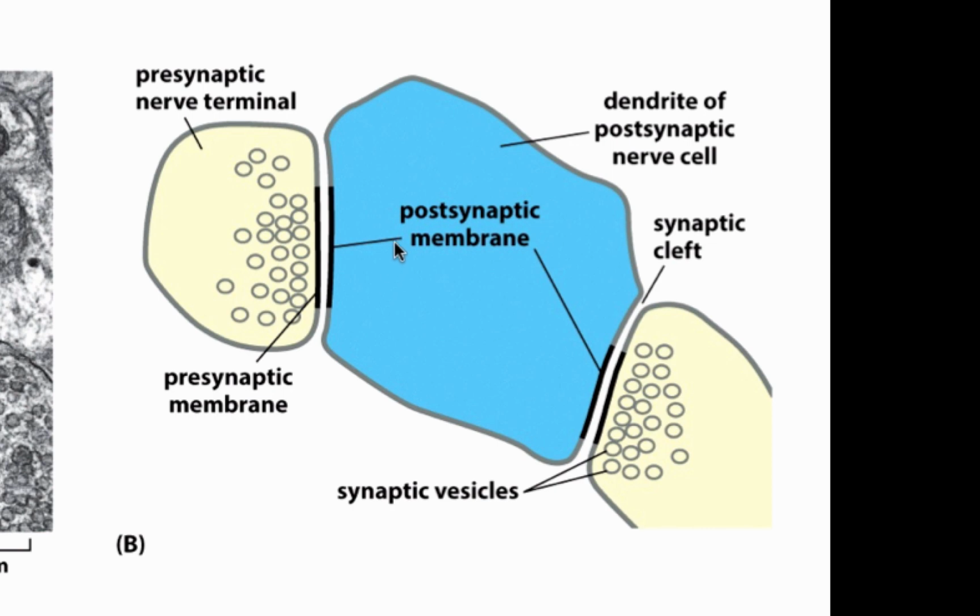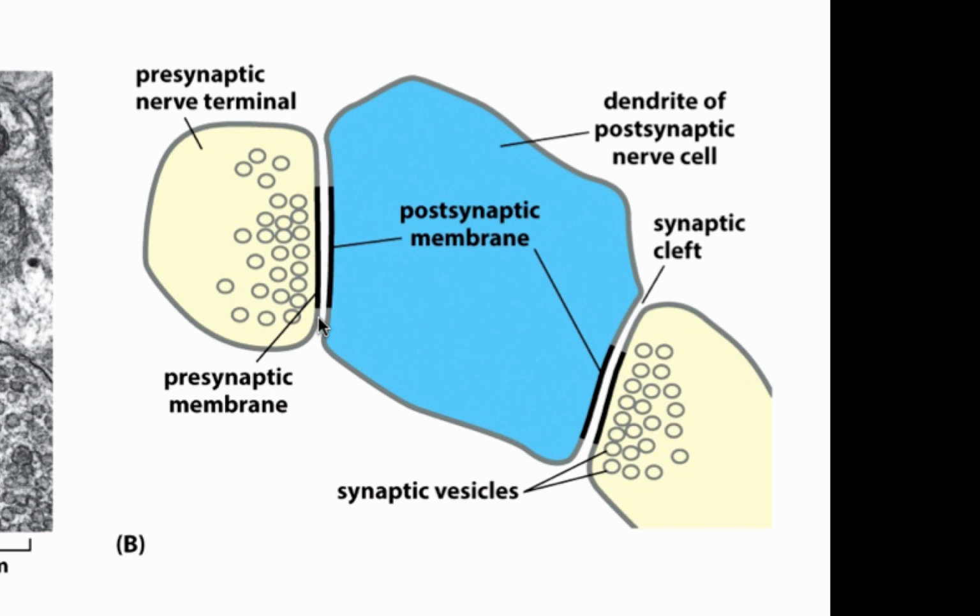The cell that is interacted with is going to be the postsynaptic cell, and it could be a nerve cell, it could be a muscle cell. So it could be any kind of cell that is going to be interacted with. We always call it the postsynaptic cell because it's interacting with the synapse of the nerve cell.